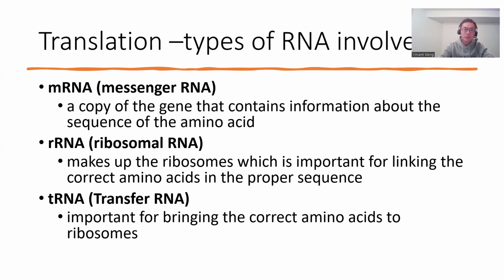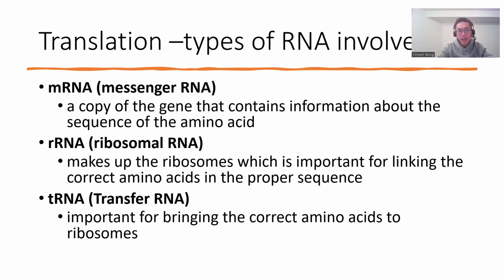Right? And then we have the rRNA, the ribosomal RNA, which is the type of RNA that helps make up the ribosomes. You might remember ribosomes are the organelles which are responsible for protein synthesis, but the ribosome itself is made up of a large and a small subunit that consists of proteins as well as rRNA.